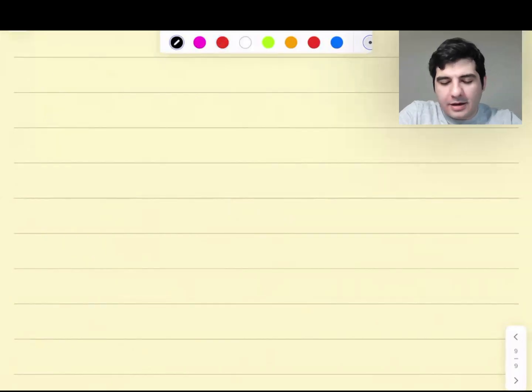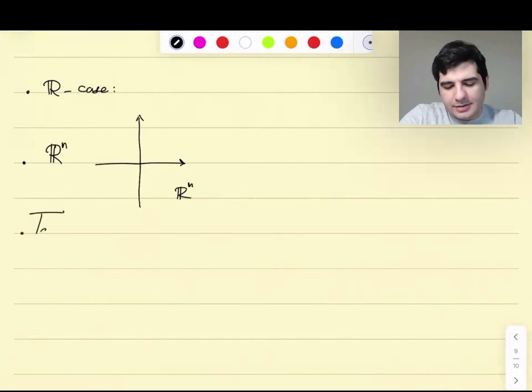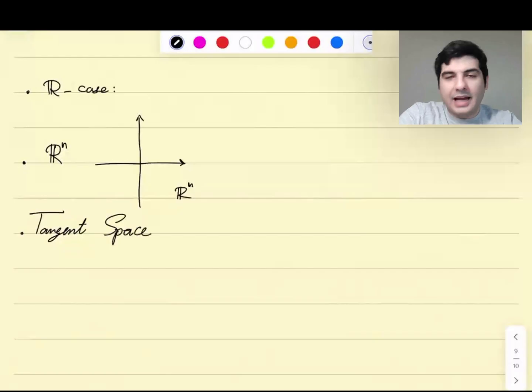So let's start with this complex differential formalism of a function being holomorphic. Just for simplicity, we start with the real case first. So suppose we have some vector space R^n, like R^2, R^3, etc. There is a notion of tangent space of the vector space, the tangent space of R^n at a given point.